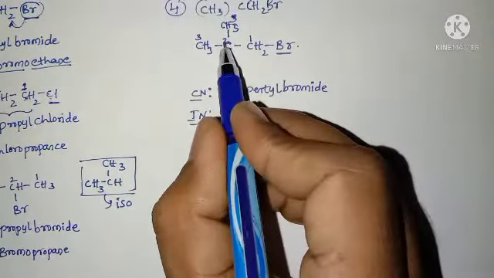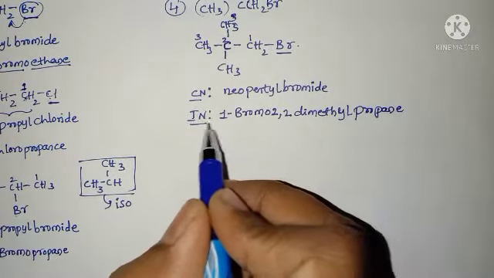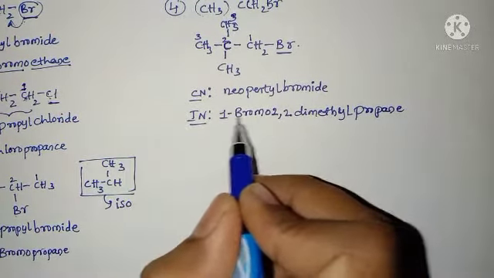So we have to write 2,2-dimethyl, and the corresponding alkane is propane. So the IUPAC name of this organic compound is 1-bromo-2,2-dimethylpropane.